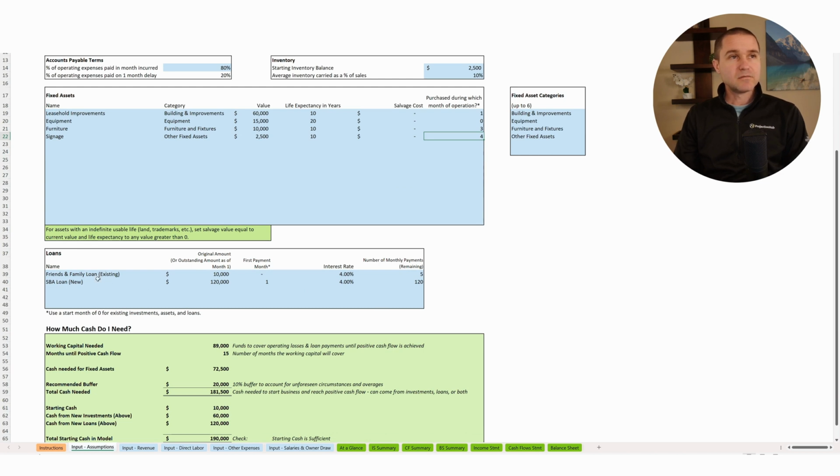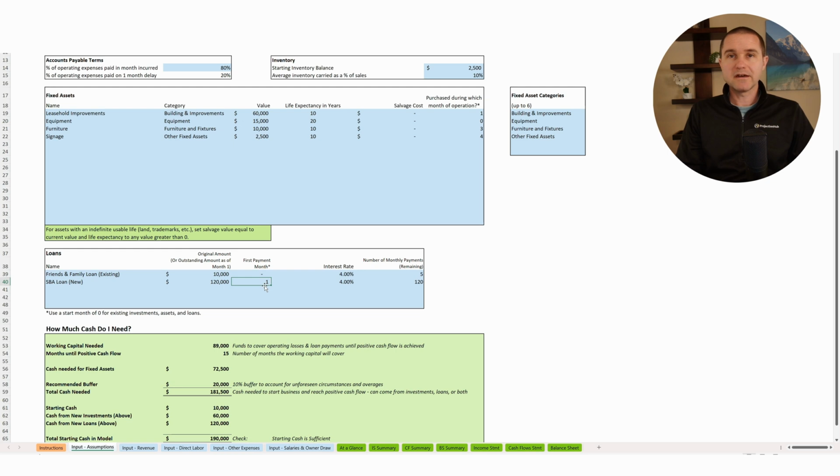You can set loans. So let's say you're going to take a $10,000 loan from friends and family, and let's say you've already done that. Even just to get to this point, maybe you've already gotten started with this restaurant concept, and so you actually took the $10,000 loan already. If that's the case, you want to put 0 in this first payment month, meaning you've already actually received the loan.